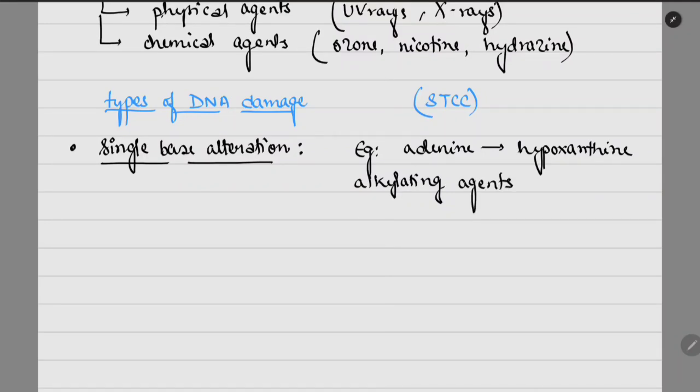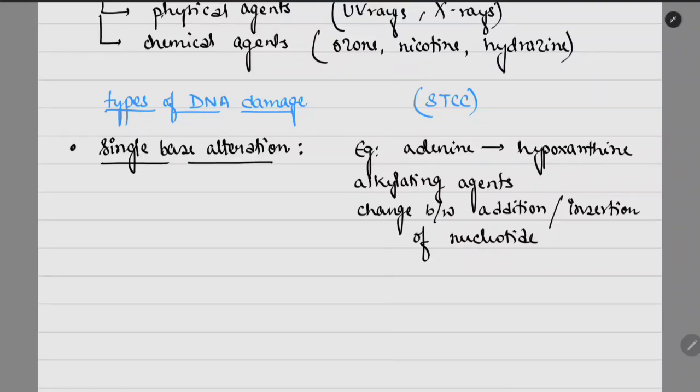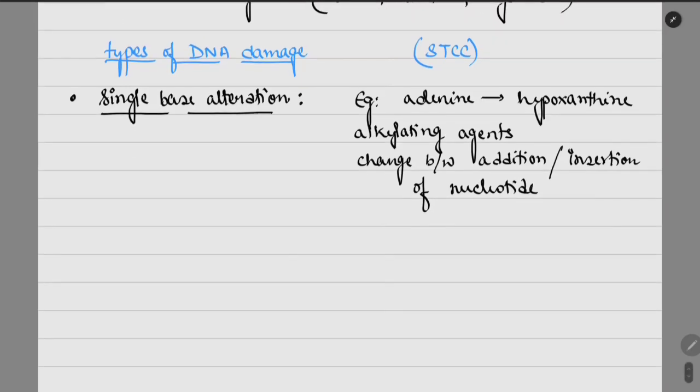Okay. Or there can be addition or insertion of any nucleotide, meaning there can be insertion of a single nucleotide, I would say. Okay. So as the name says, single base alteration.